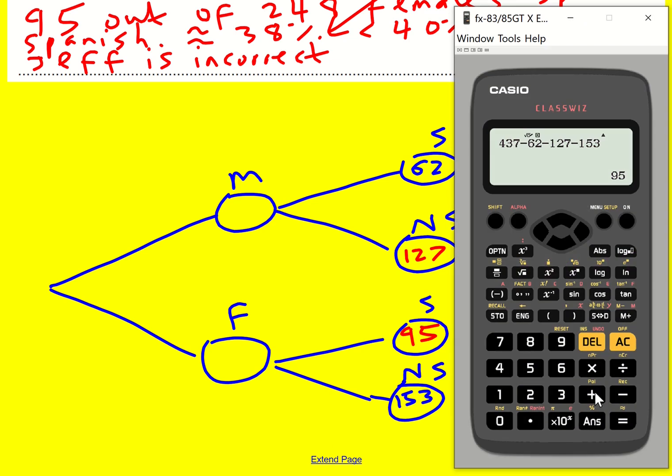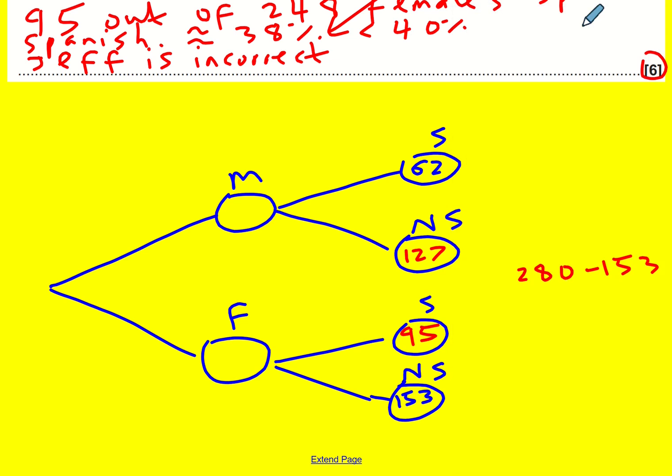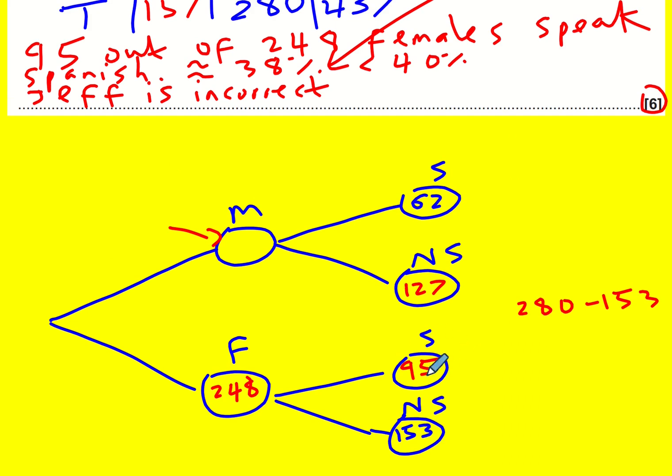If I then deal with that, I can add 153, and I get back my 248. Okay, I could also work this one out, but actually I don't need it in this case, and I didn't need it above. Look, I've got the same figures as before. 95 females out of every 248 speak Spanish, and I could make the same conclusion. So just another approach, so you're aware you might prefer this one.